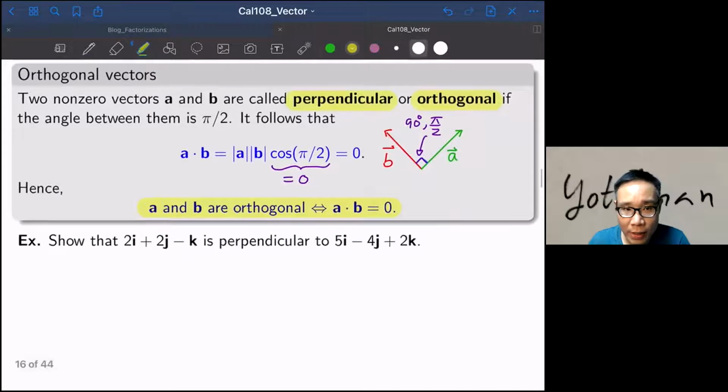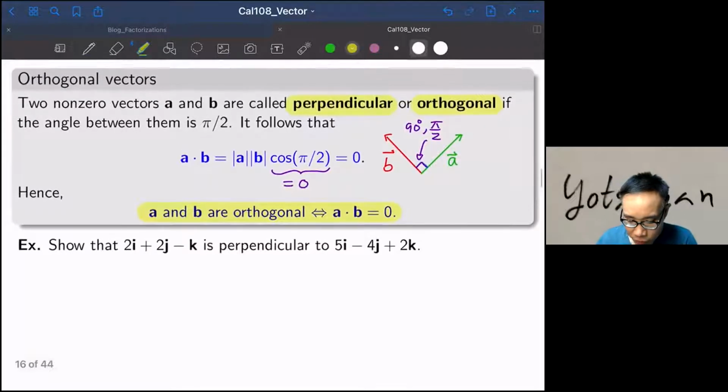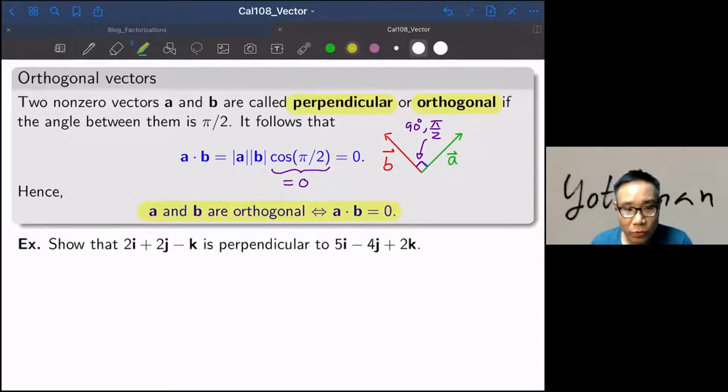We'd like to show that the vector 2i plus 2j minus k is perpendicular to the vector 5i minus 4j plus 2k.